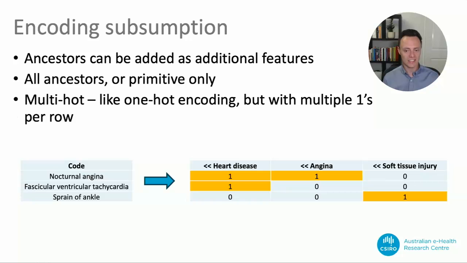In this example, we have added additional information to convert our one-hot into a multi-hot encoding. Both nocturnal angina and ventricular tachycardia now share a feature that they are both types of heart disease. The presence of these features allows our model to learn associations with more general concepts than those that were directly captured within our data.